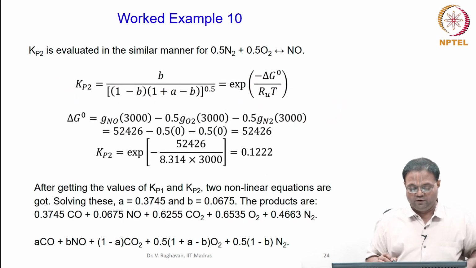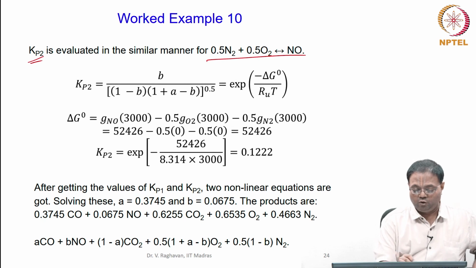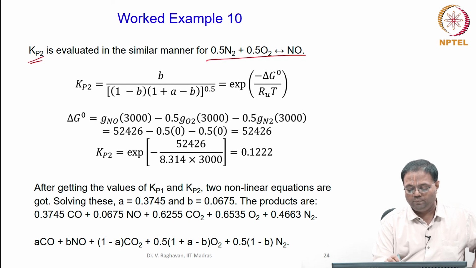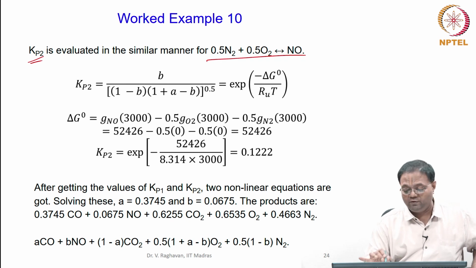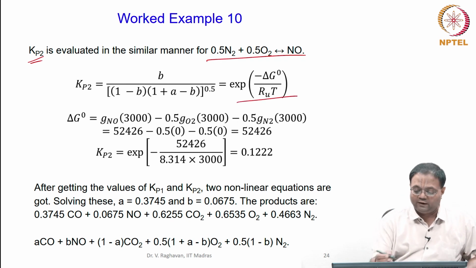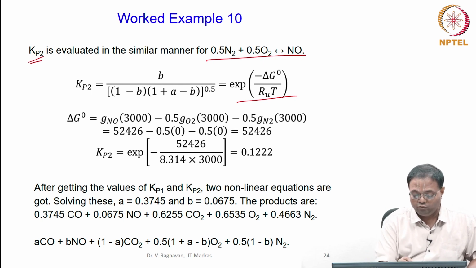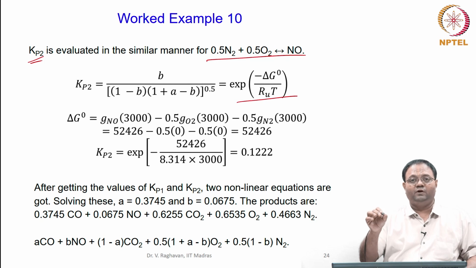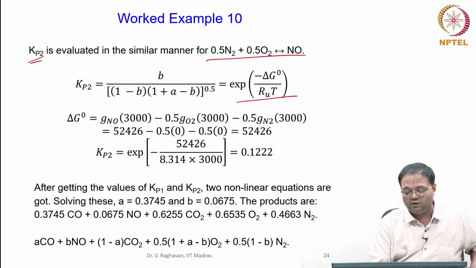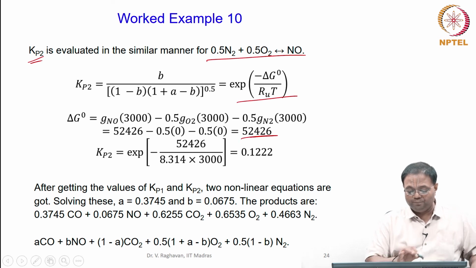Now go to the next equation, Kp2. Similarly for this equation you have to evaluate. So Kp2 is defined as B by 1 minus B times 1 plus A minus B whole power 0.5. That again is this. Again calculate for this equation. So the product is GNO, so GNO at 3000 minus the reactants, 0.5 GO2 minus 0.5 GN2. From the tables, the Gibbs energy of formation of the elements will be 0, so this is 0, and you get this value.